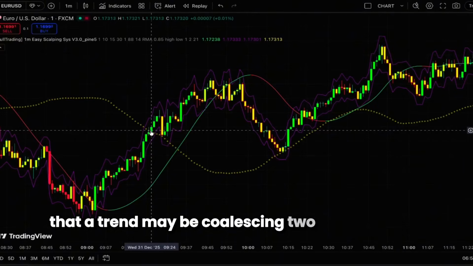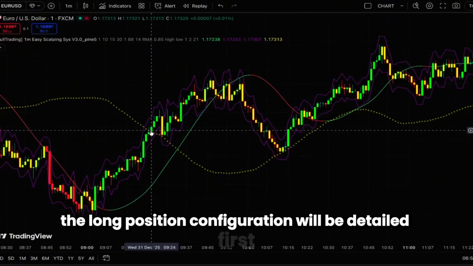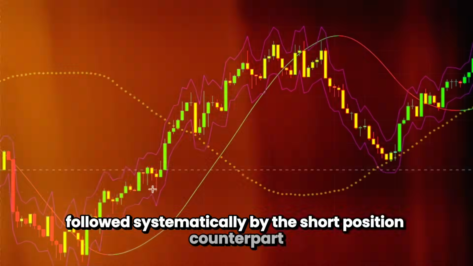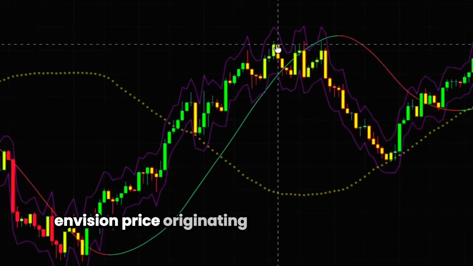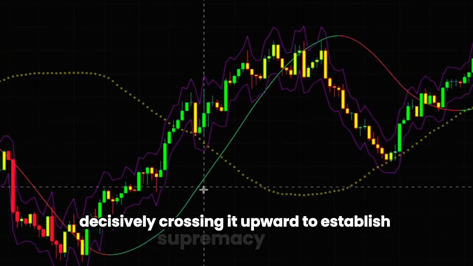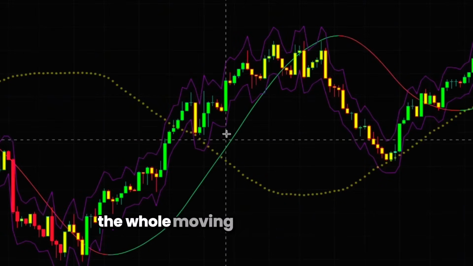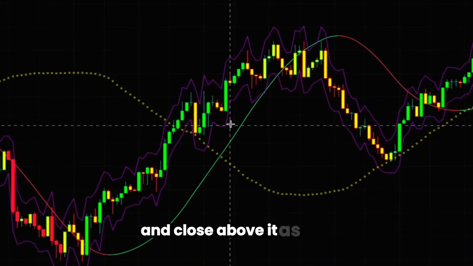The long position configuration will be detailed first, followed systematically by the short position counterpart. For a textbook long position setup, envision price originating from below the yellow line, decisively crossing it upward to establish supremacy above. Proceeding to confirmation, the Hull Moving Average line must subsequently cross the yellow line and close above it as well.